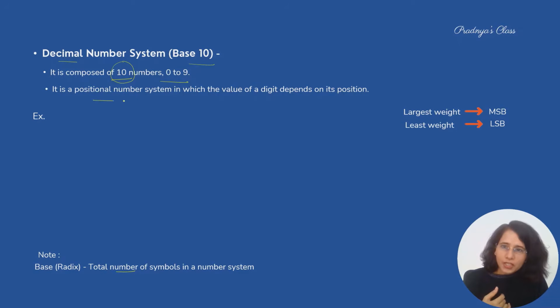It is a positional number system, which means the value of a digit depends on its position. Let's take one simple example to understand the concept of position. Consider the number 123, and you have studied in maths in lower grades how to calculate the place value of the numbers.